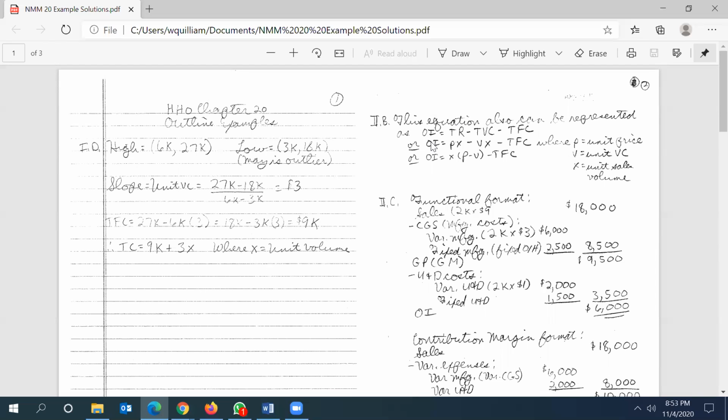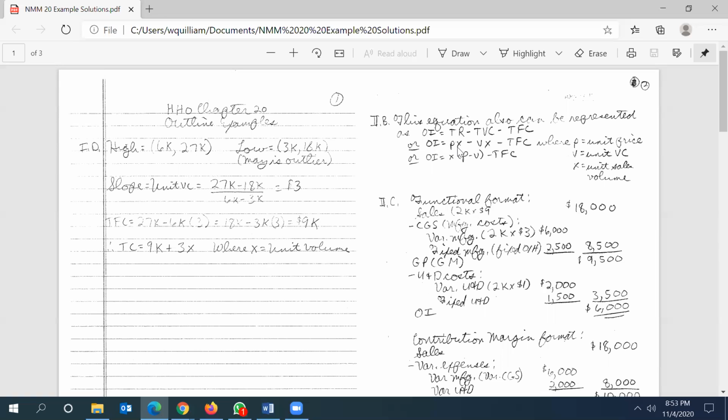What I have here is that we could consider this equation. Operating income, what does it equal? It equals TR, total revenue, minus TVC, total variable cost, minus TFC, total fixed. Those acronyms are not surprising.